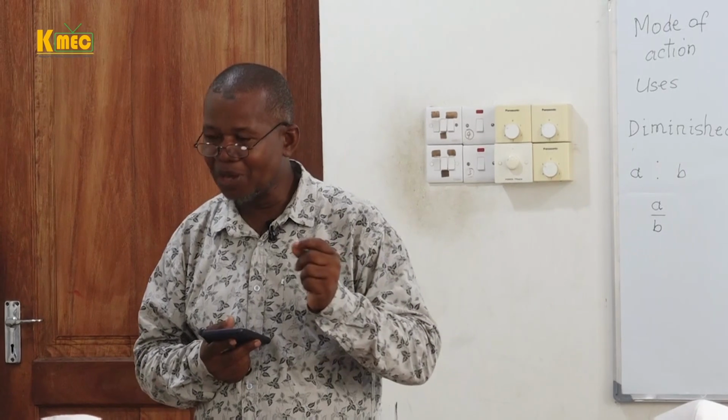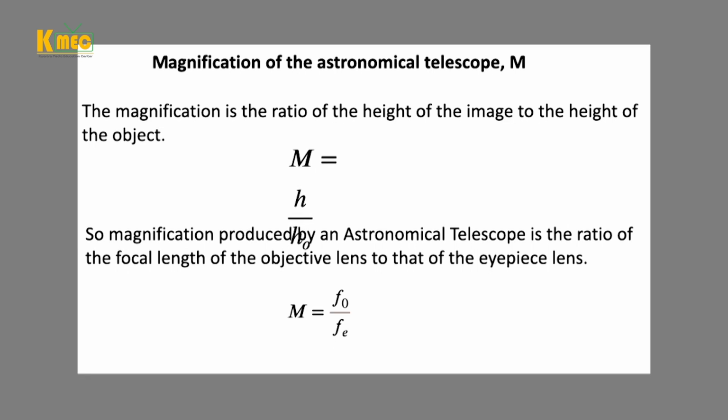Do you remember the objective lens and the eye lens? This can be written mathematically as M is equal to F naught over Fe. Now all of you, M is equal to F naught over Fe.